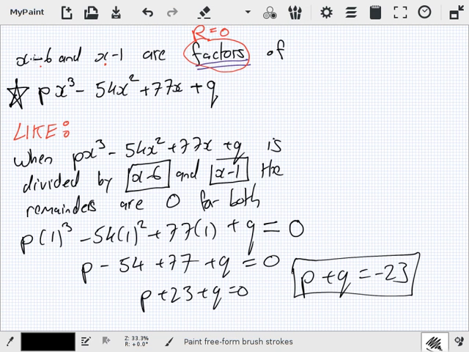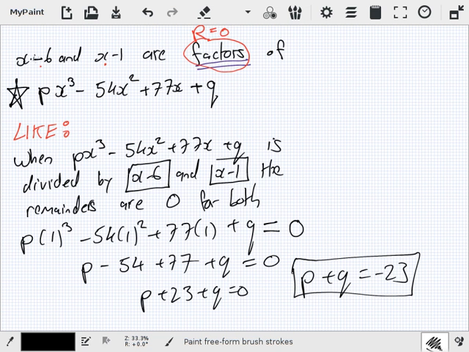It's just a way of letting the student know if they got the answer right or not. So I'd put in x equals 1, simplify, and get p plus q equals minus 23. Then I finish that part of the question.